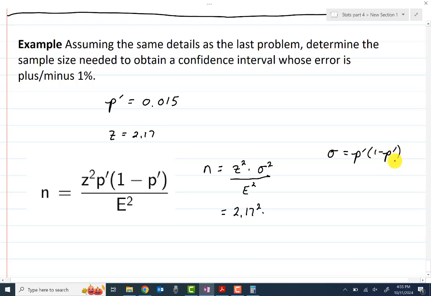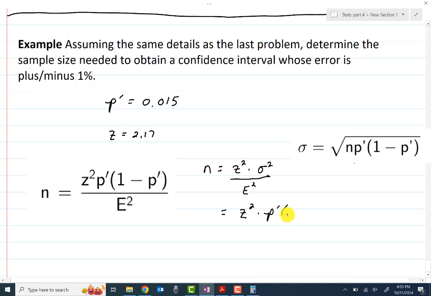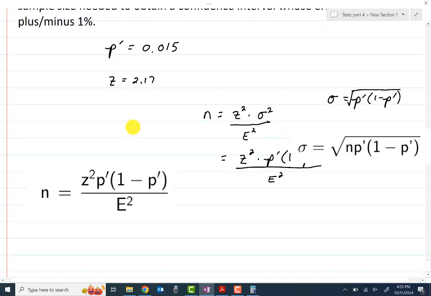Sigma equals the square root of P prime times 1 minus P prime. If you'll remember that, this is the population for the binomial properties. So let me rewrite this. We'll have z squared. When I square sigma, I'm going to get P prime times 1 minus P prime, and I'm going to divide by e squared.